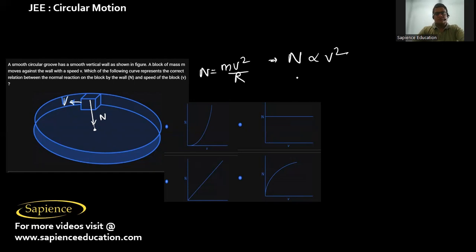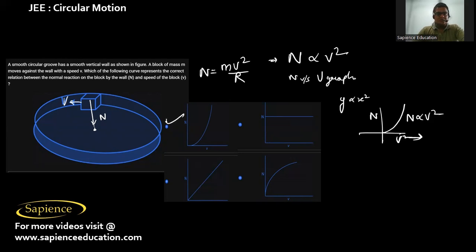So the N versus v graph we have to draw. So here y is proportional to x square, so the graph will be a parabola. It will be like this. N versus v graph will be like this, since N is proportional to v square. So option A is the correct answer.